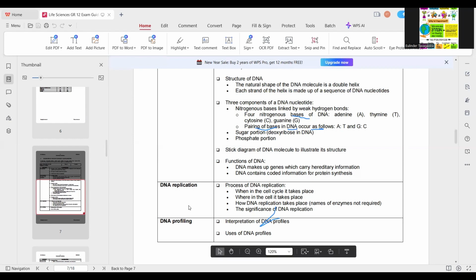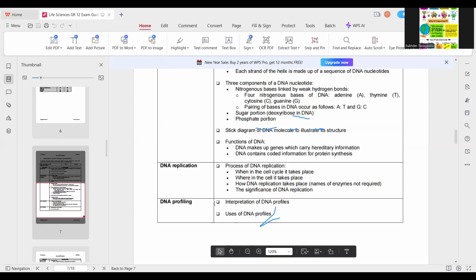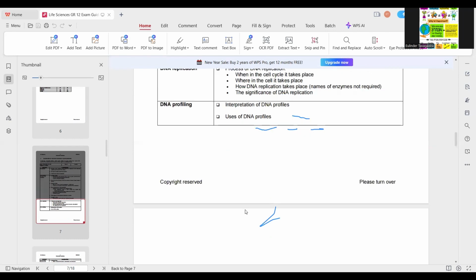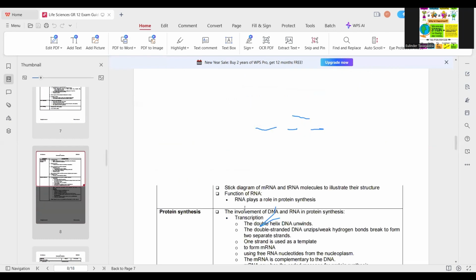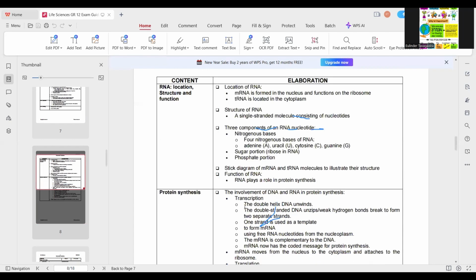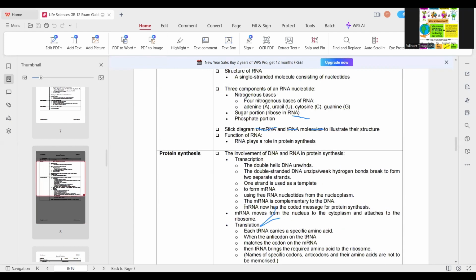Then you move on to DNA profiling. You should be able to interpret the DNA profile. You should be able to know where DNA profiling is used, right? Then after that, you move on to the process of protein synthesis.